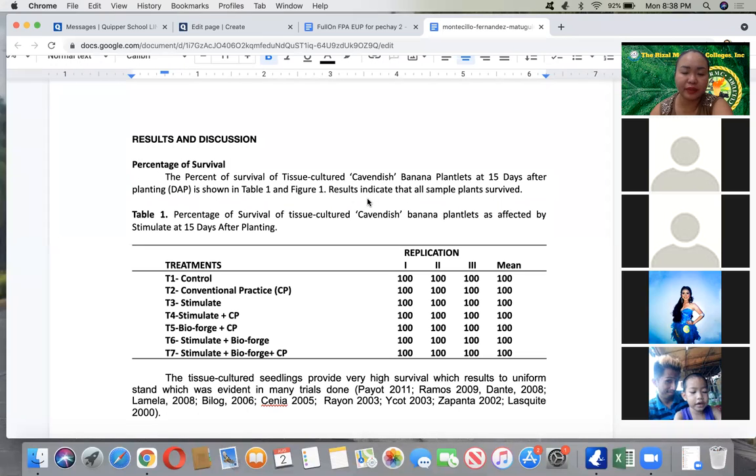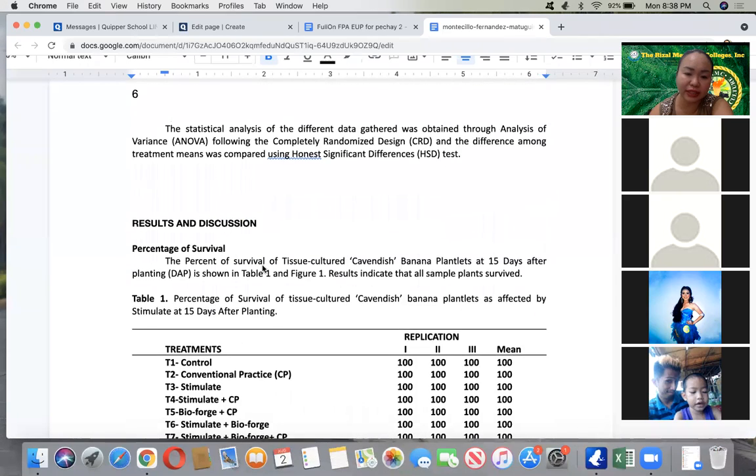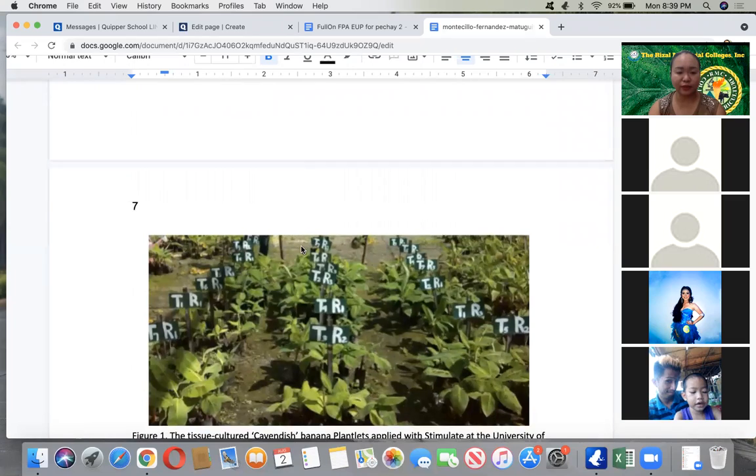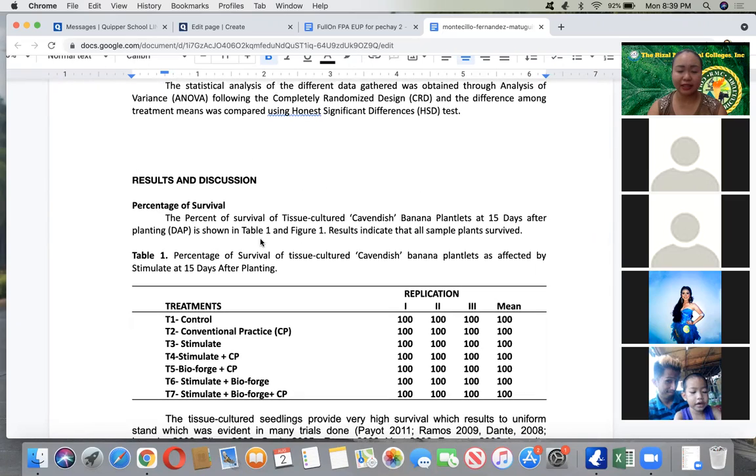After the presentation, you can see the title of the table and the figure, and you are citing them. Most mistakes when you write your manuscript is that you have table 1 and the figure, but you don't cite them in the discussion.